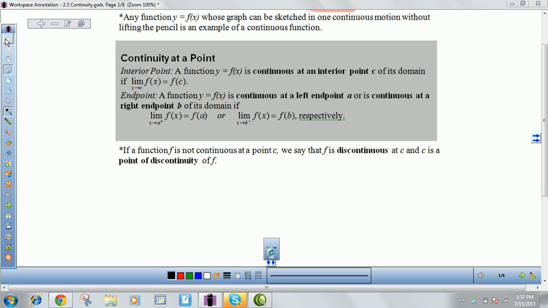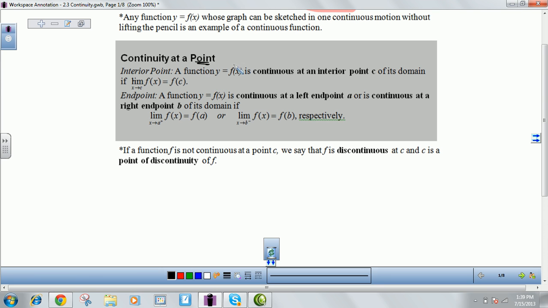Let me pull this window up. There we go. So now, continuity at a point. When talking about continuity at a point, there are two types of points. There's the interior point. At a point, what we mean is what we're looking at on the graph of a function.